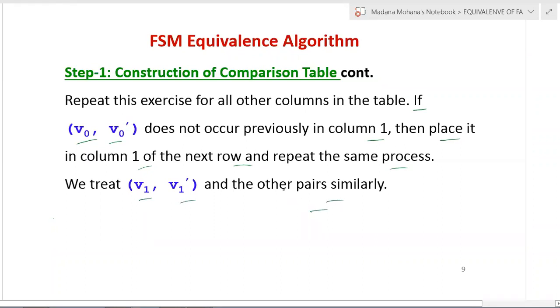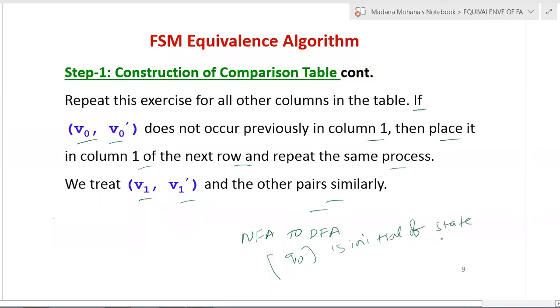This is similar to a conversion problem you can recall, NFA to DFA conversion. In this, first we took the initial state Q naught of the NFA as the initial state of the DFA.